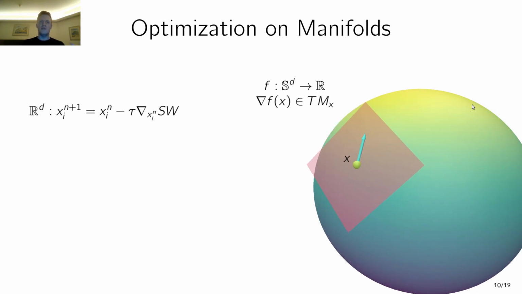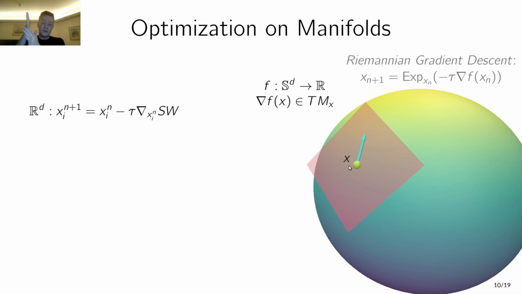I want to be able to do optimization while remaining on my manifold. So I would need a way to move on the manifold, for instance, by following a given direction, because I want to go in the opposite direction of the gradient. And it is precisely the role of the exponential map, which tells you that if you are at a point x, you can follow the geodesic that has initial velocity the given direction.